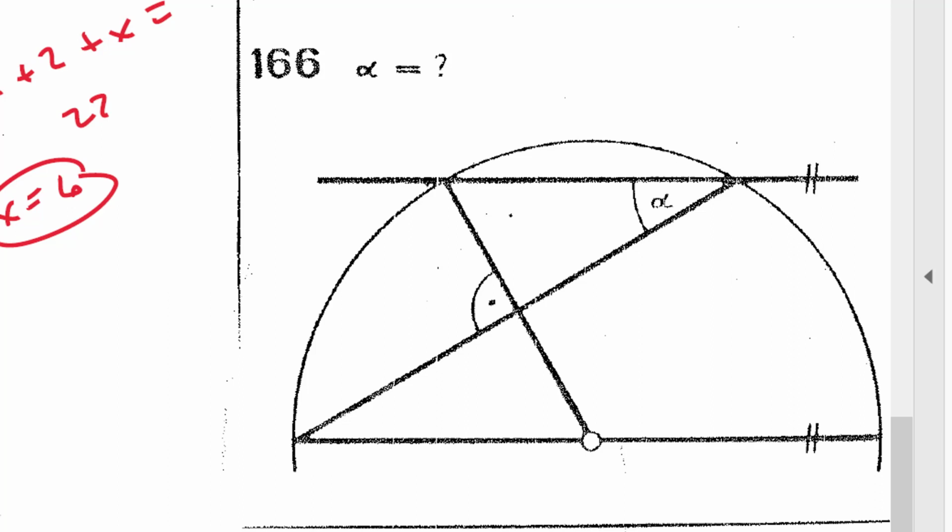This next one here, you have to draw an auxiliary line from here to here. And this is going to be a right angle here. If these are parallel lines, then I know that these are alternate interior angles, so this is alpha. And if these are radii here and here, these are congruent to each other, so this is also alpha.